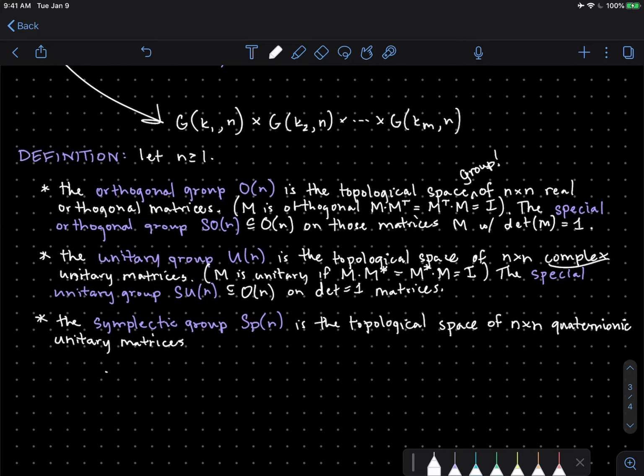And here, what I mean is the quaternionic conjugation takes i to minus i, j to minus j, and k to minus k.